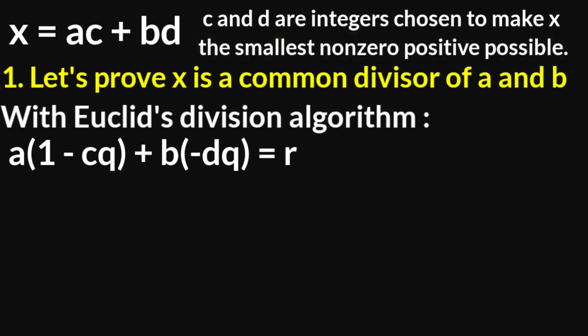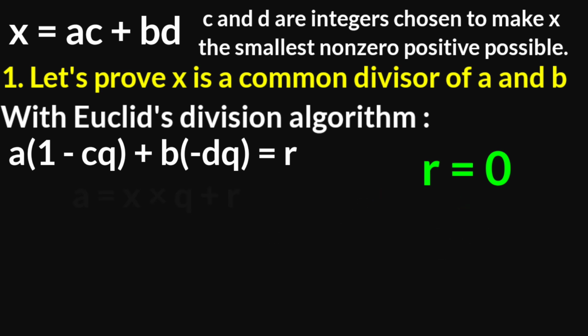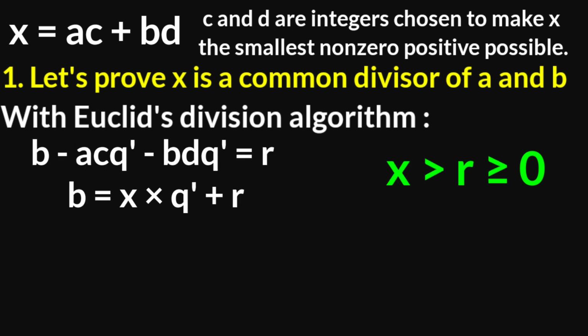Furthermore, according to Euclid division, r is smaller than x and greater or equal to 0. Because r is smaller than the smallest possible strictly positive number of the form it's written under, it can't be strictly positive, thus r must be 0, which means that x divides a, as it leaves no remainder with Euclid division. We can do the same steps for b.